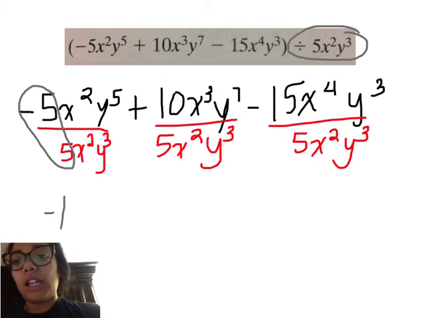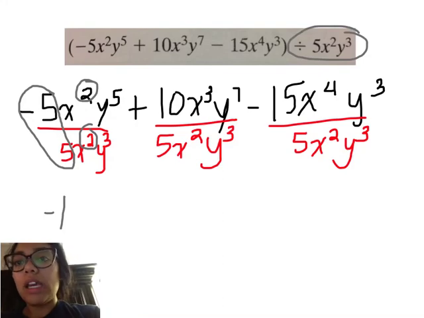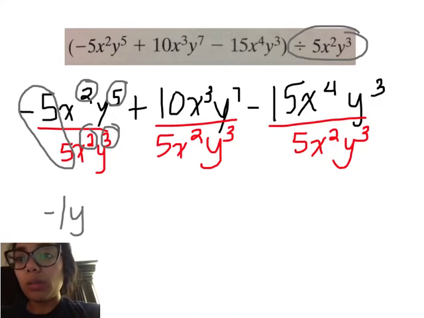So that's all I have. Then I have x squared over x squared: 2 minus 2 is x to the 0, so my x goes away because x to the 0th power is just 1. Then I have y to the 5th minus y to the 3rd, which is y squared.